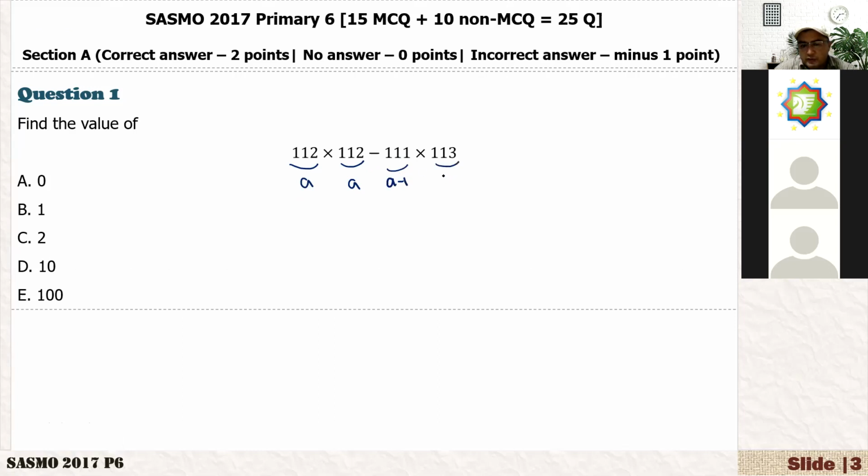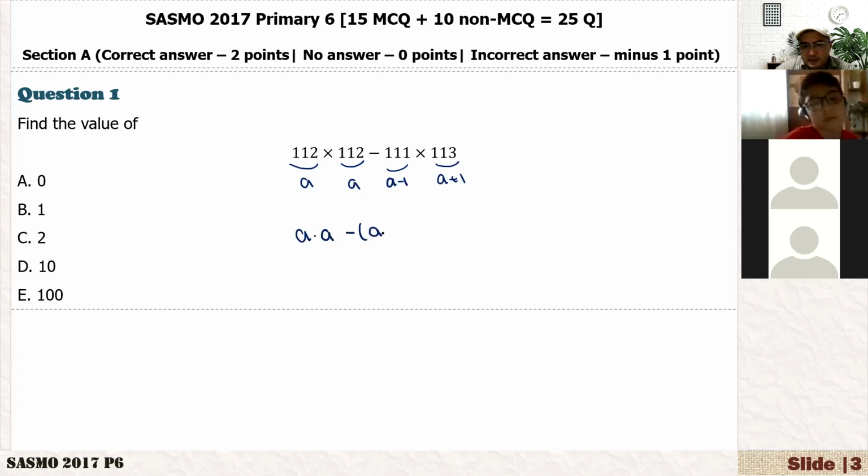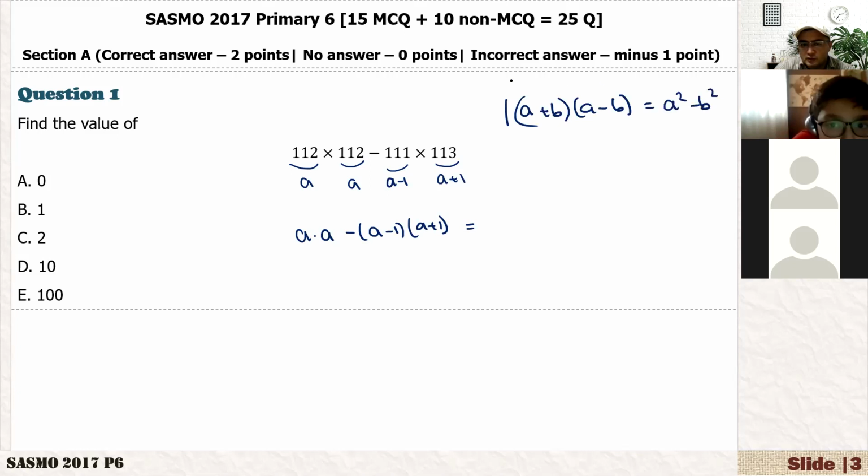And how about 113? It is A plus 1. So now if you substitute here, A times A minus, here we have A minus 1, and here we have A plus 1. So that's equal to, just you should remember that A plus B, and if you multiply this by A minus B, it's always equal to A squared minus B squared.